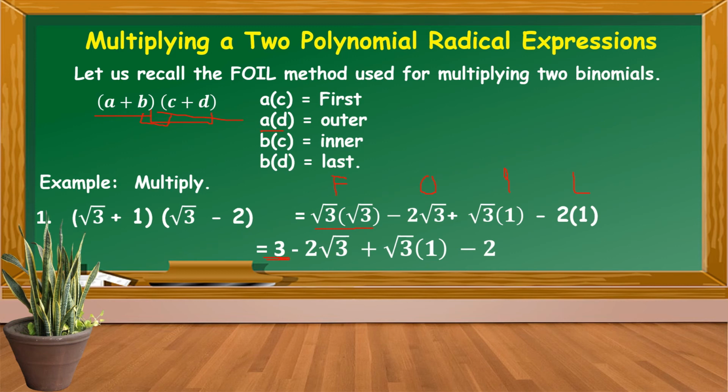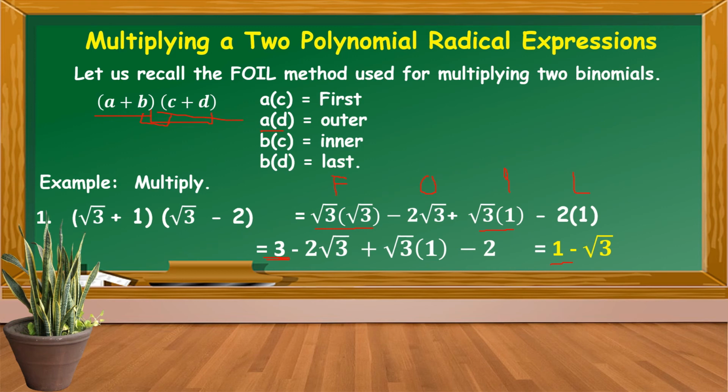Then, we have 2 square root of 3, negative 2 square root of 3, plus square root of 3. Why? This is equal to negative square root of 3 only. Minus 2. And what is our final answer? Our final answer is 1 minus square root of 3. Bakit 1? 3 minus 2 is 1.